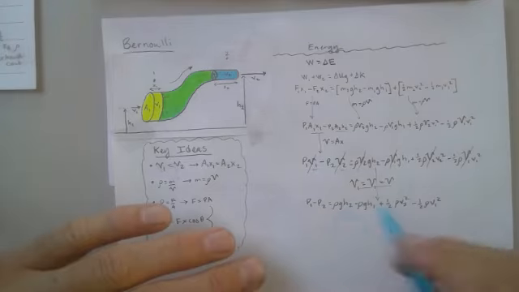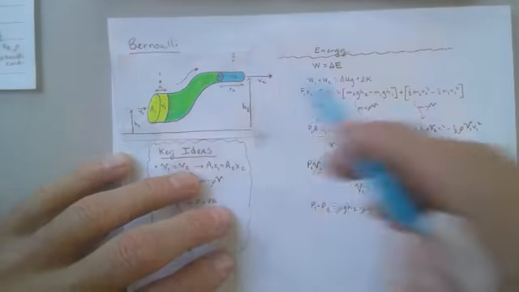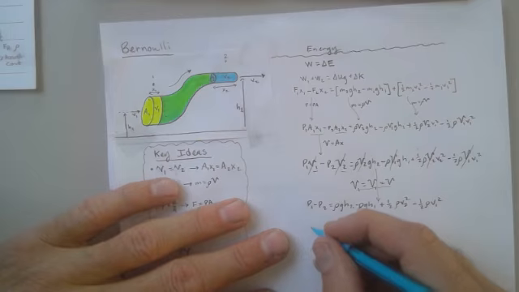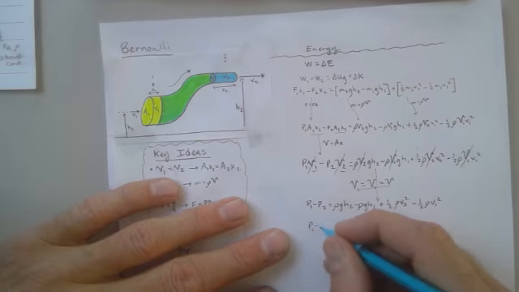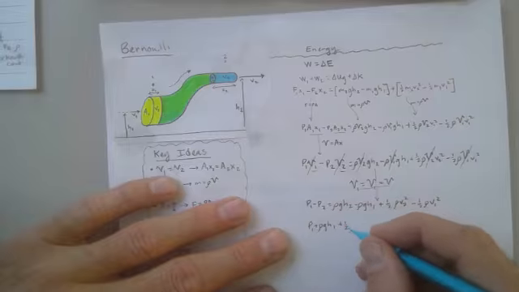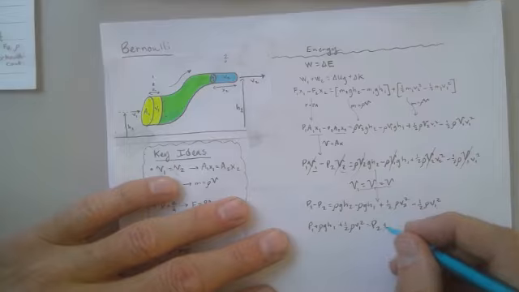And now we can rearrange this to compare the energies at position 1 to the energies at position 2. And so we can put all of our 1 stuff on the left and all of our 2 stuff on the right by doing some algebra. Thanks for your patience.